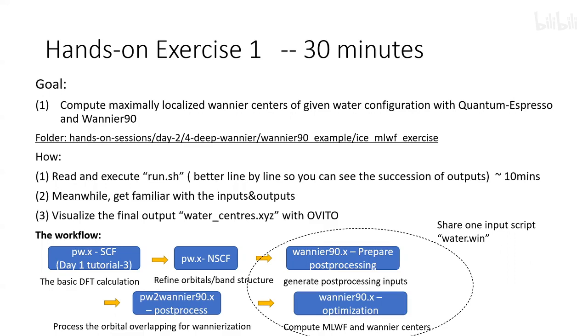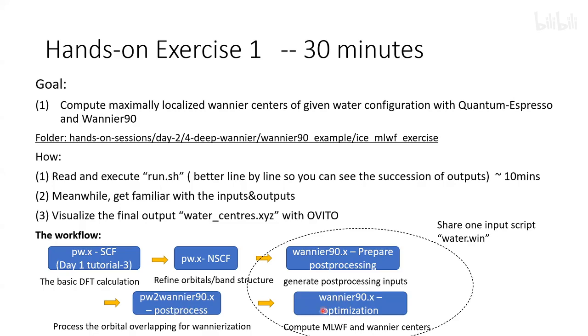You will generate the input file for post-processing with this code. Then you will feed the generated input to the pw2wannier90.x code. It will automatically generate all the information needed for maximally localized Wannier function calculation.